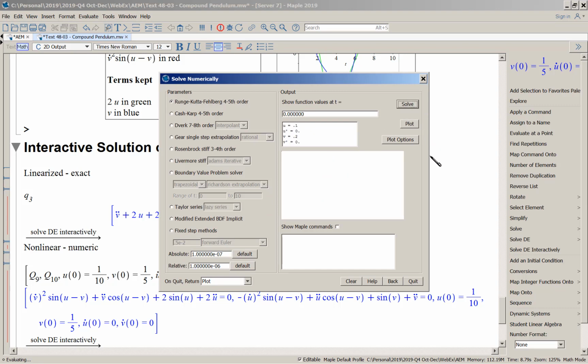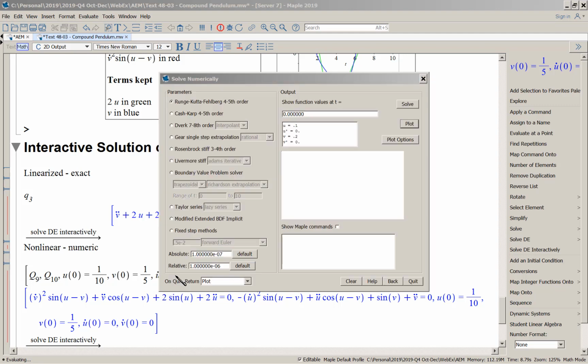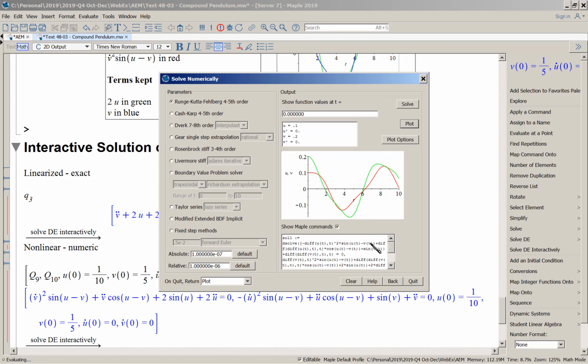Tell Maple to compute the solution, draw the graph. I think I hit plot options there. Well, let's just put both solutions on right now. Now when we say plot, we will get both graphs drawn at the same time, and you can get the commands for that and so forth.